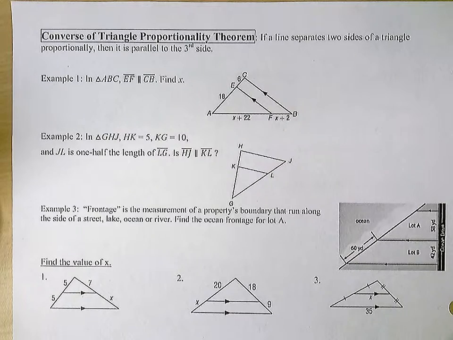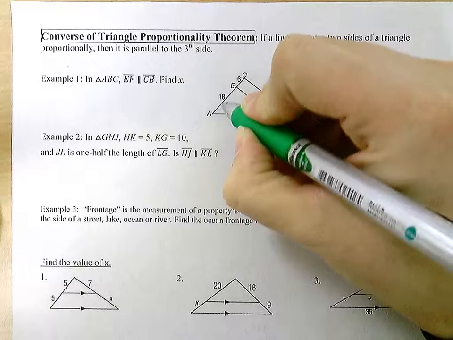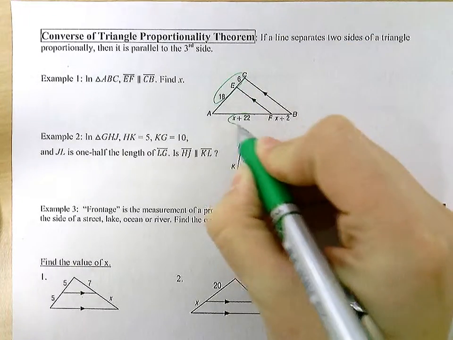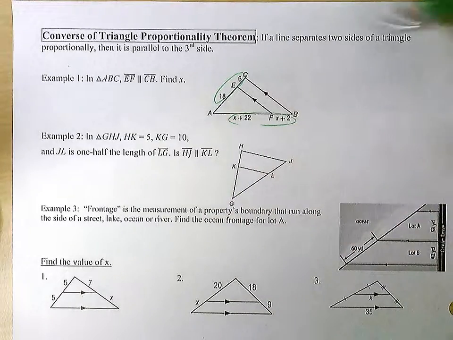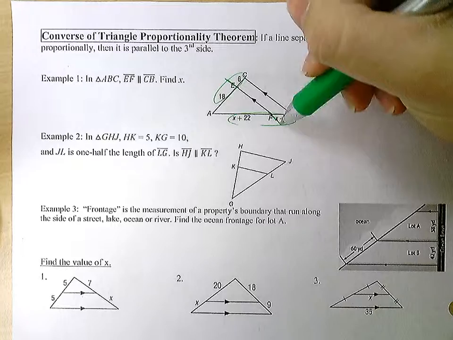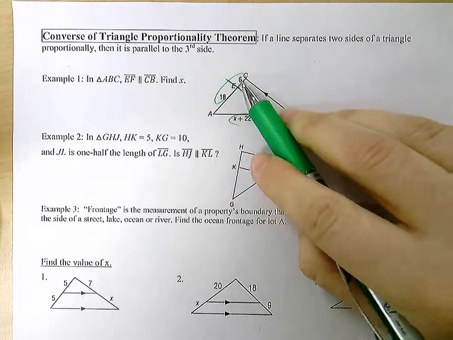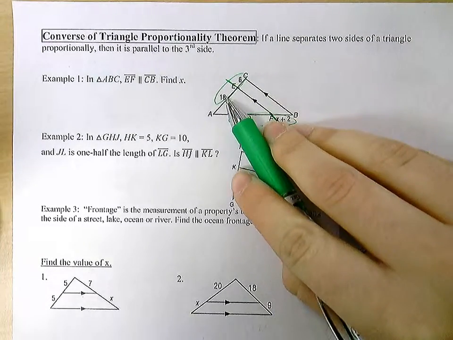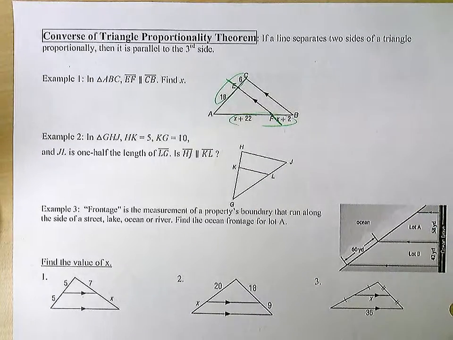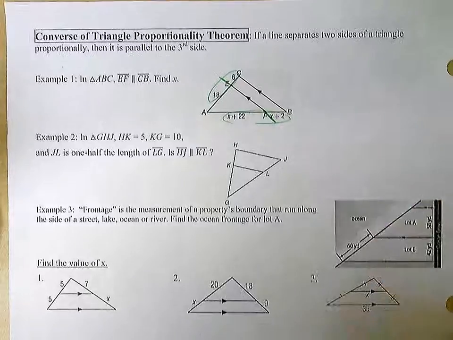So again, different ways to set up this proportion. So again, how I look at it is I take my sides here and here. I extend my middle parallel line. Okay, you see that? And I can see this ratio already set up here and this ratio already set up here. So I just have to set those equal to each other.